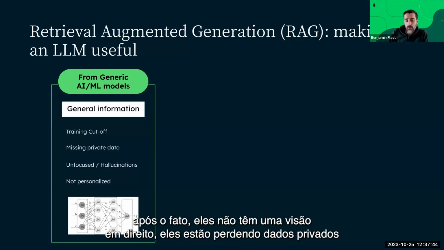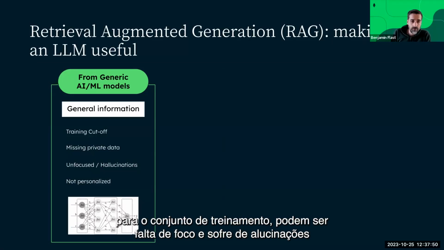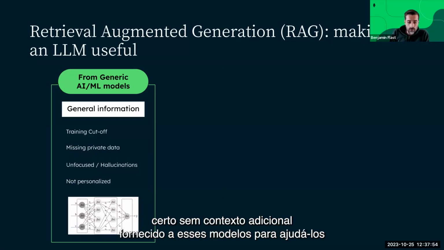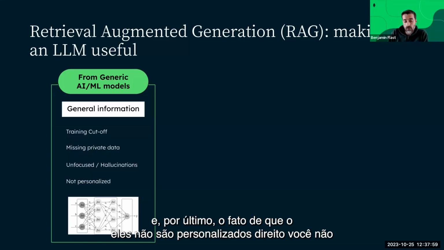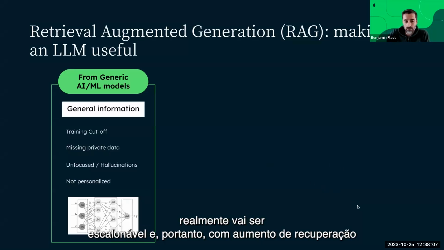They're missing private data, the data that you and your companies have that is not available for the training set. They can be unfocused and suffer from hallucinations without additional context provided to help them give good results. And lastly, they're not personalized. You don't want to be deploying a different model for every one of your users. That's not really going to be scalable.